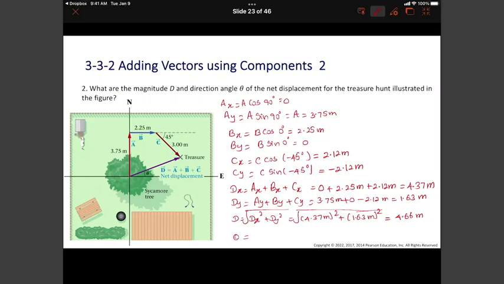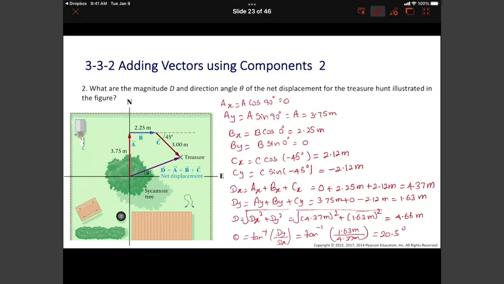Therefore theta is tan inverse of Dy over Dx, which is tan inverse of Dy, 1.63 meter, over Dx, 4.37 meters. So the answer is 20.5 degrees. So that's the angle of the resultant vector.